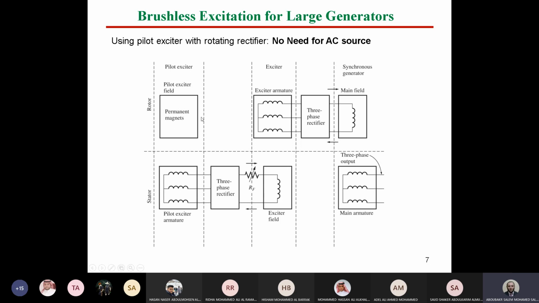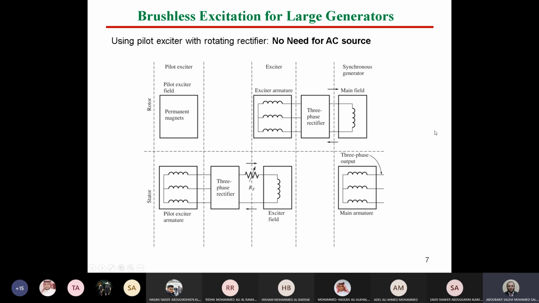So here we have the pilot exciter and the synchronous machine. This method also is preferred. One question here, guys, let's see your opinion. We generate an AC supply in order to finally generate an AC supply again.